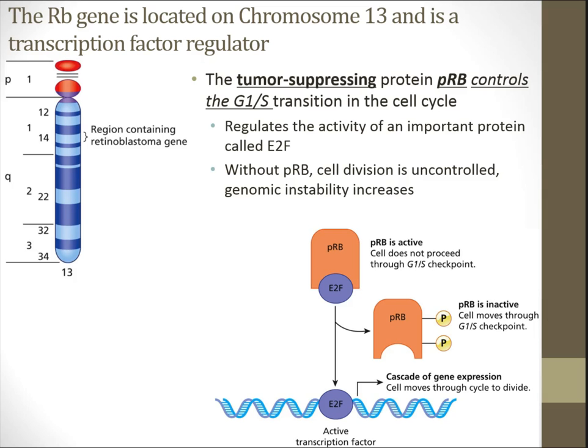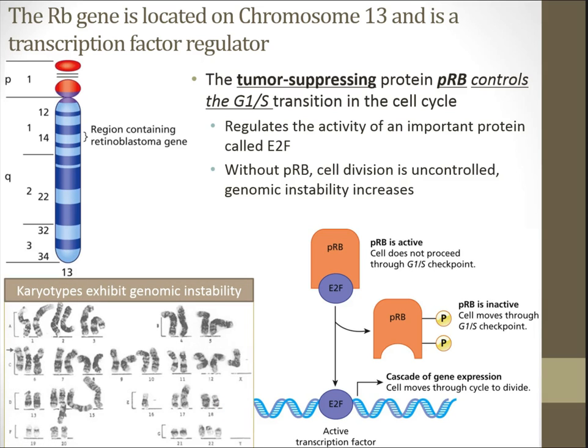I want to take this opportunity to also talk about the fact that this tumor suppressor gene has a specific function in regulating the G1 to S transition in the cell cycle. It is a transcription factor, and it regulates the activity of an important protein called the E2F protein.